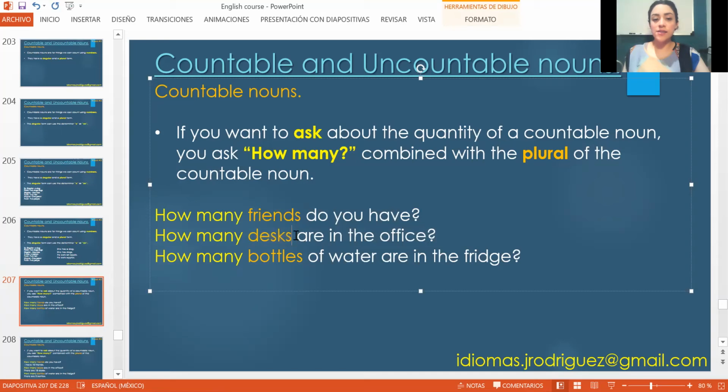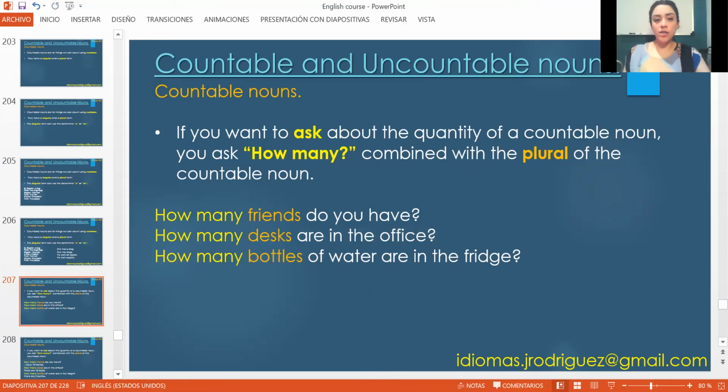Un escritorio, desk, sin S. And next, how many bottles of water are in the fridge? ¿Cuántas botellas de agua hay en el refrigerador? Bottles, plural. So I use my expression, that is how many, combined with the plural of bottle, that in this case is bottles of water are in the fridge.